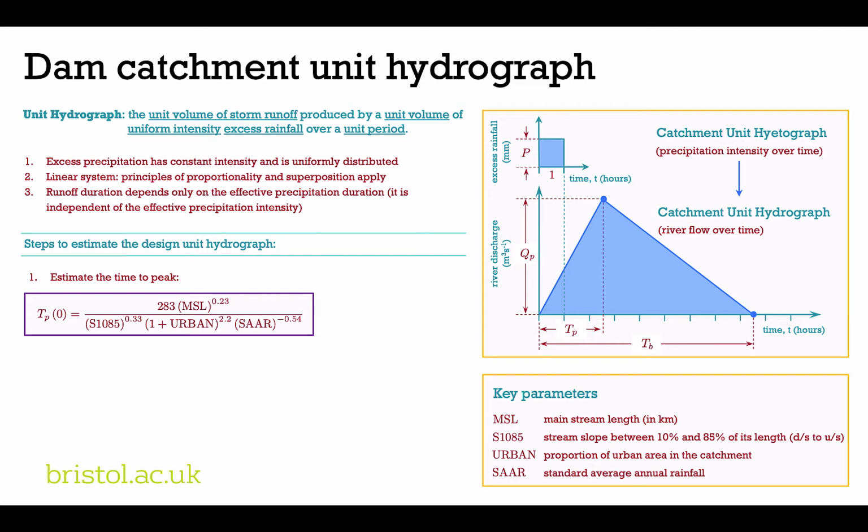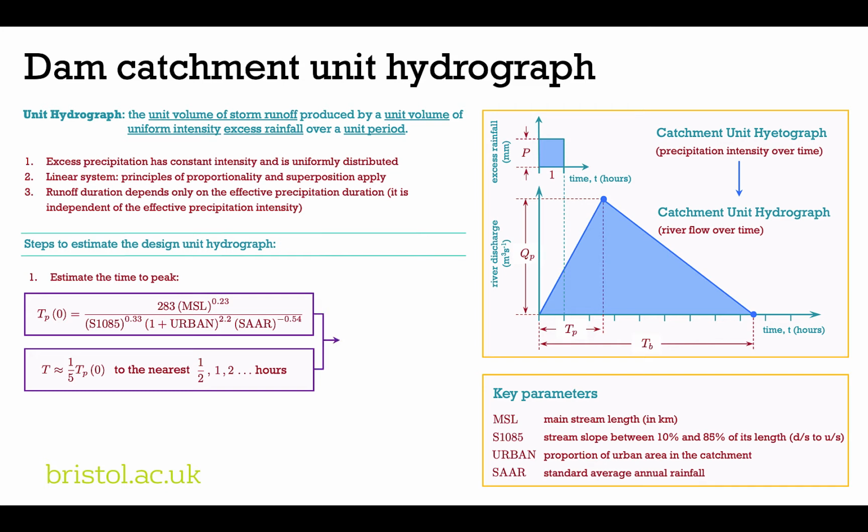So there's a parameter TP0, which is calculated as a function of all of those catchment parameters, and then from that we calculate a parameter T, which is approximately a fifth of that, rounded to the nearest half, 1 or 2 hours. And then we combine those to calculate TP.